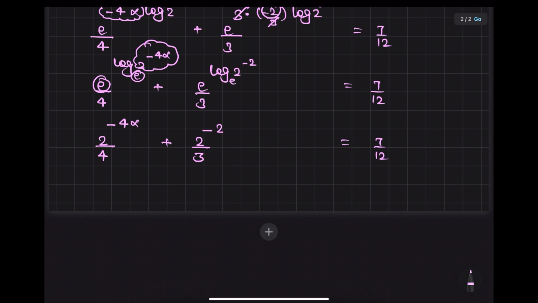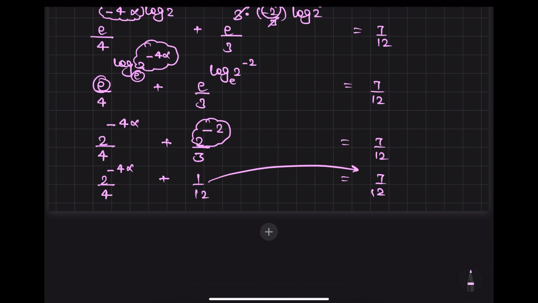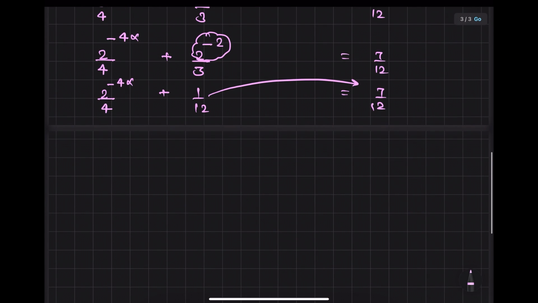So we have 2 to the power minus 4 alpha by 4 plus this thing, which will become 1 by 12, equals 7 by 12. If you send this thing to that side, it will become 6 by 12. 6 by 12 means 1 by 2. So we have 2 power minus 4 alpha by 4 equals 1 by 2.